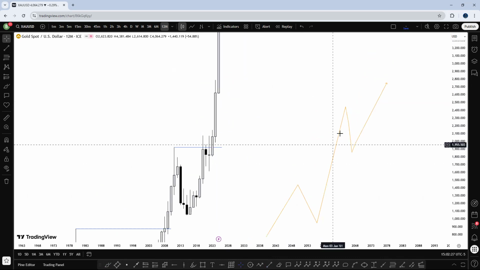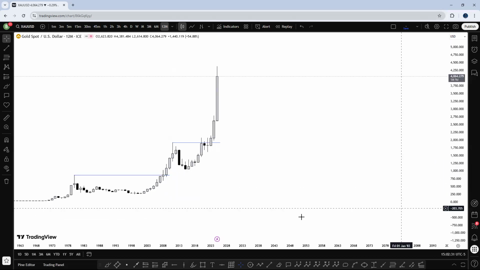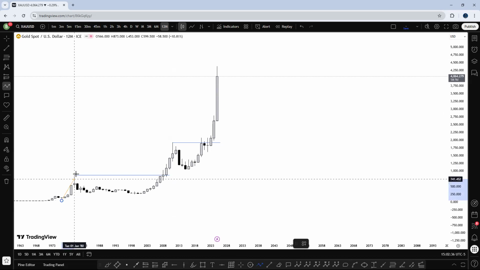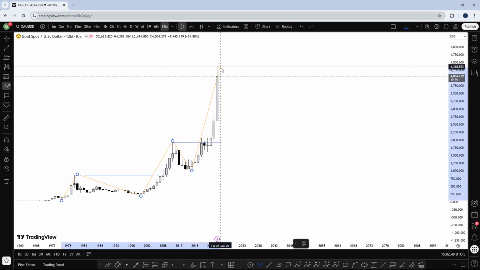So if I ask you what is the degree of your structure on this time frame, it is this one.